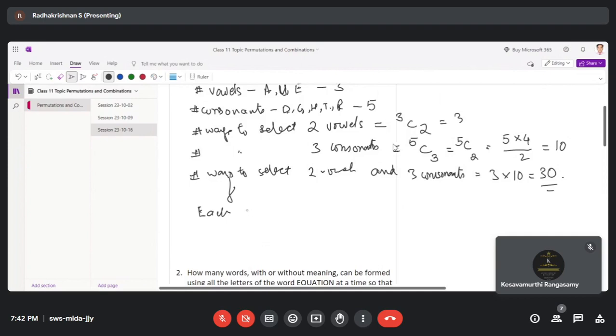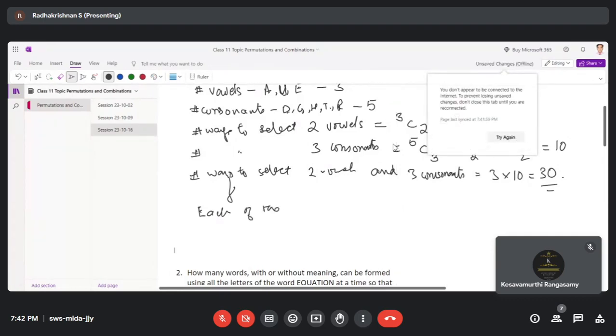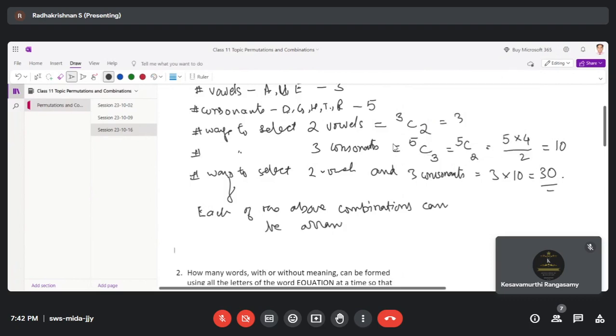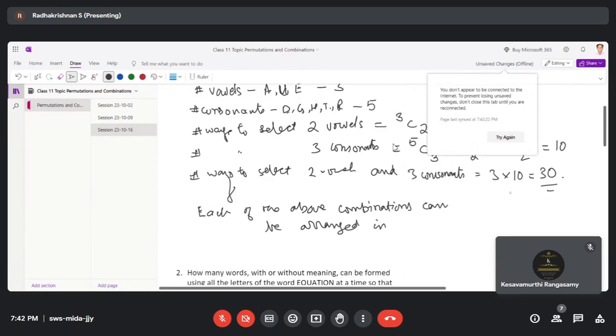So each of the above combinations can be arranged in how many ways? There are 5 letters, so they can be shuffled in 5P5, which is 5 factorial ways. 5 factorial is 120.